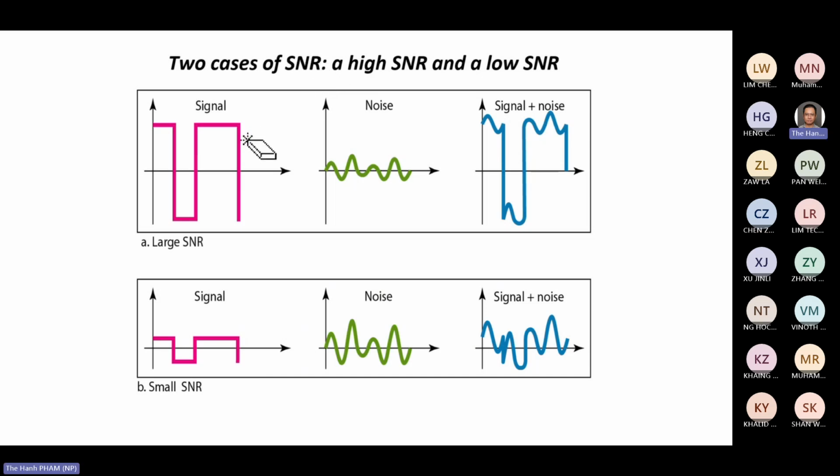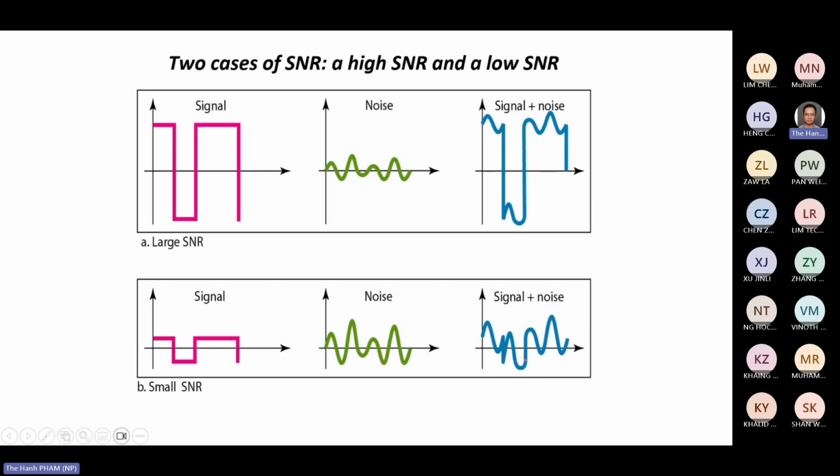If the signal to noise ratio is high, it means your signal is much stronger than the noise. So even when you add the signal and the noise together, you can still see the shape of the signal. But when the signal to noise ratio is small, that means the signal is not so strong compared to the noise. When you add them, basically you can't see the signal anymore, right?